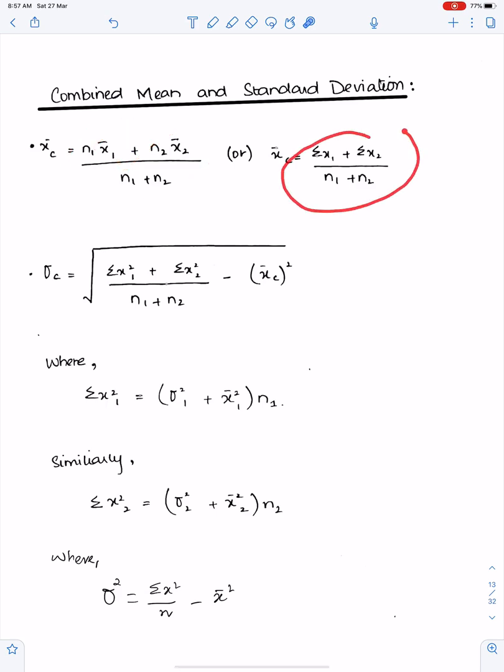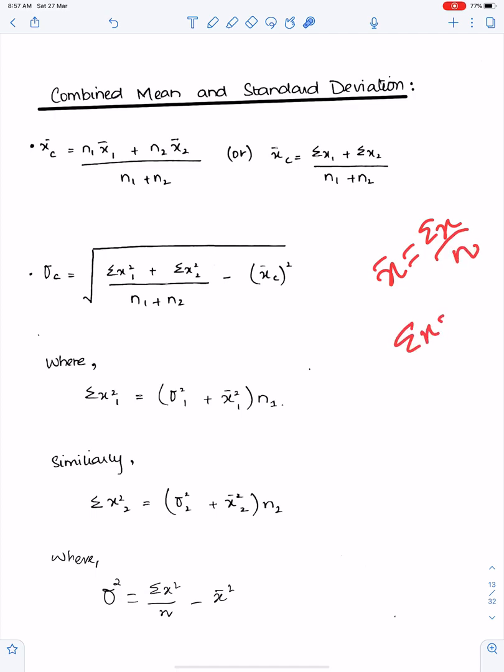And you can easily learn this one as well, because combined means the mean of two groups, like group 1 and group 2. So this is the total of group 1, this is the total of group 2, and this is the total number of observations in group 1, and this is in group 2. So this formula is very simple. You know, x bar is sigma x over n.